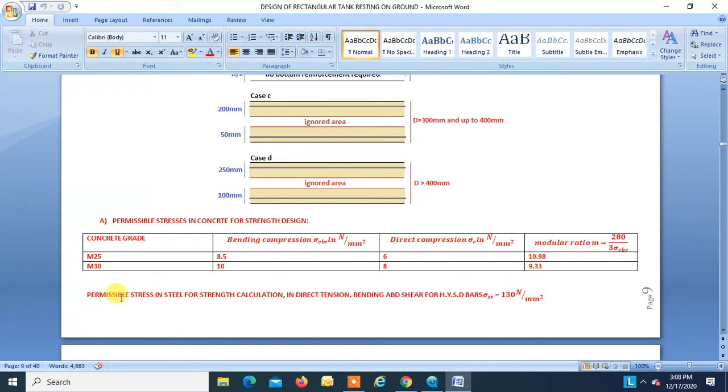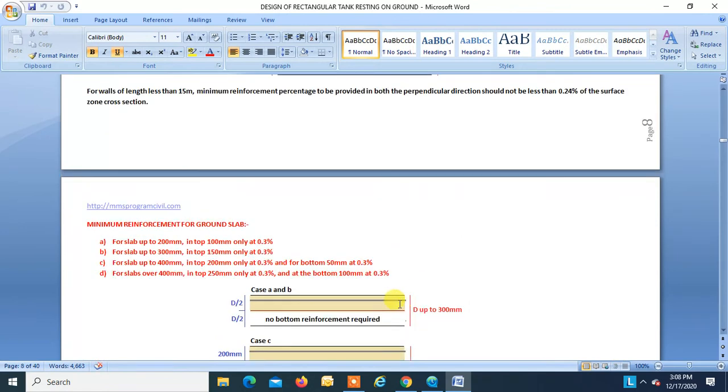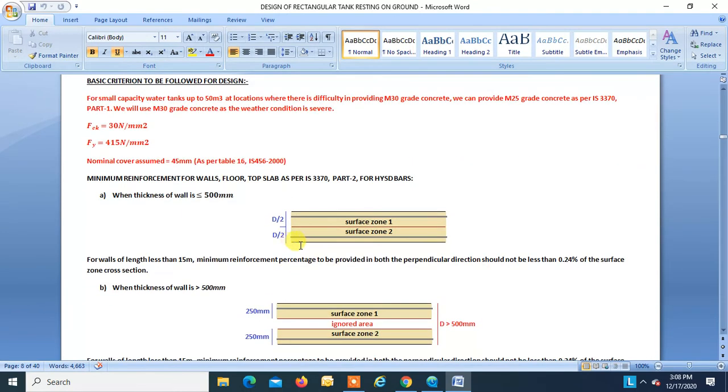Permissible stress in steel for strength calculation, direct tension, bending, shear force for HYSD bar is equal to 130 Newton per mm square. Over here also, this percentage of steel, whether it is 0.24 when the length of the wall is less than 15 meters, or 0.35 when the length is greater than 15 meters, is valid for HYSD bar.